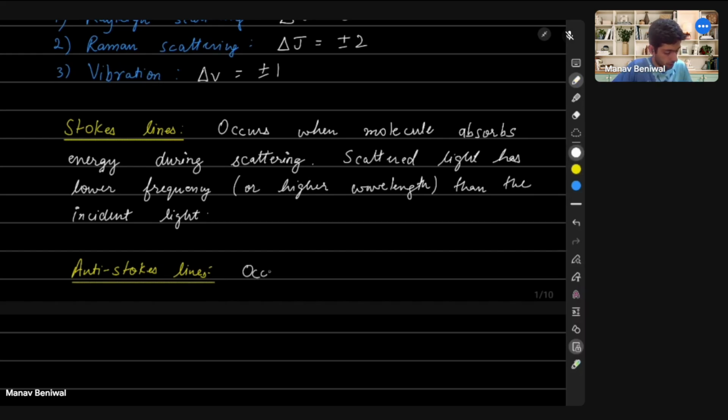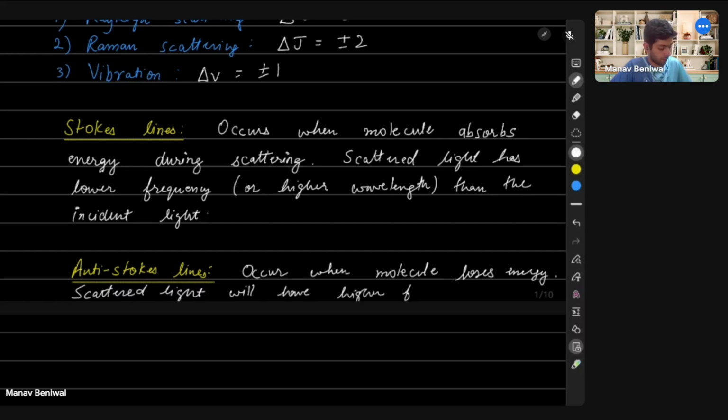These lines occur when the molecule loses energy, and the scattered light will have higher frequency, right? Basically the opposite of what is happening in the case of Stokes lines.